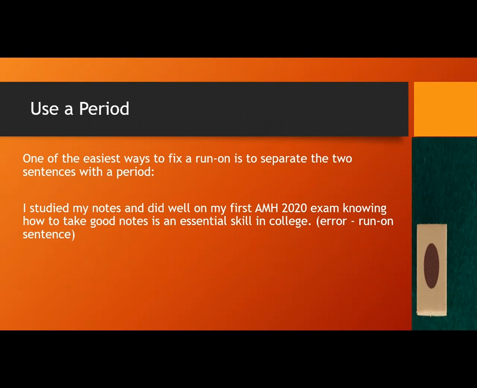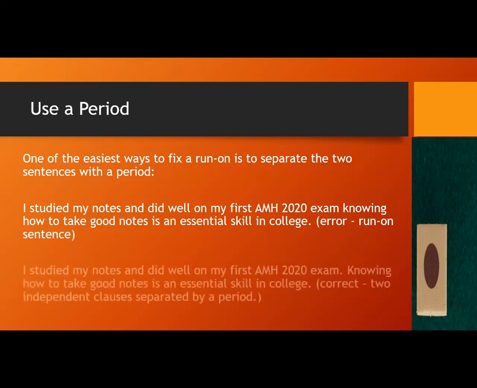Both "I studied my notes and did well on my first AMH 2020 exam" and "Knowing how to take good notes is an essential skill in college" are complete sentences. This error is easily fixed by inserting a period between the two sentences. I studied my notes and did well on my first AMH 2020 exam. Period. Knowing how to take good notes is an essential skill in college. Period.